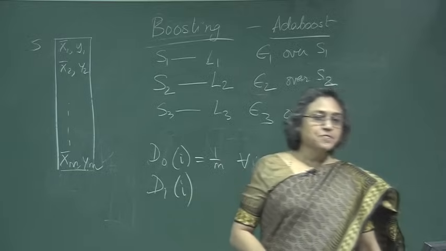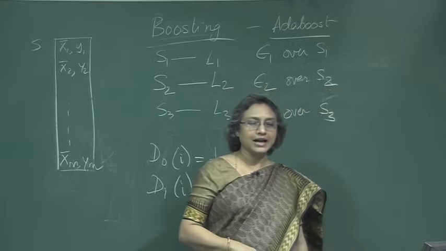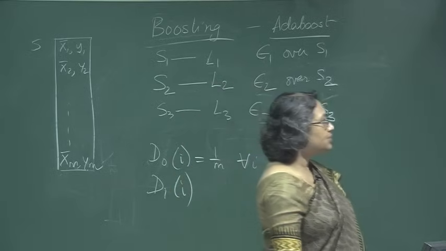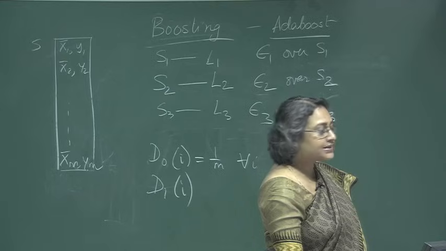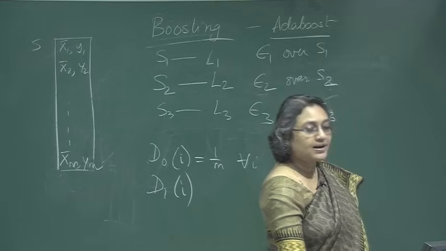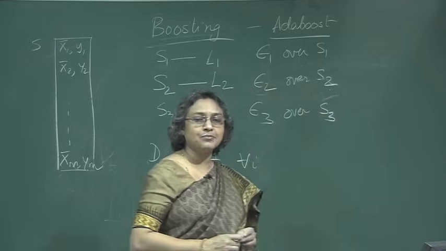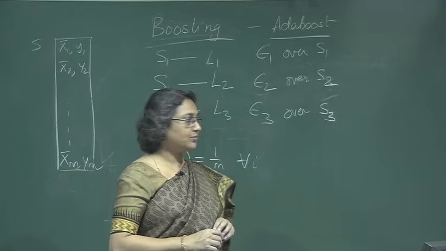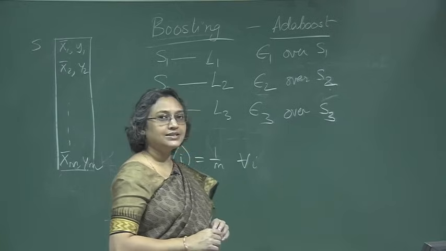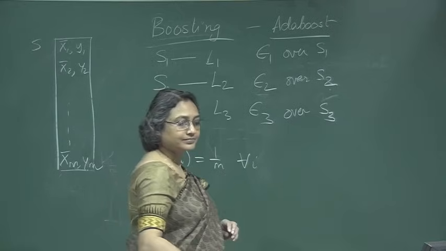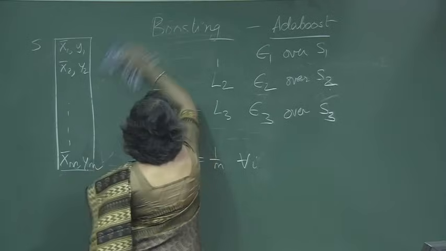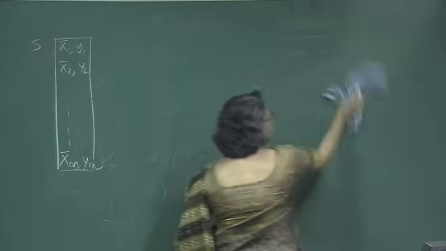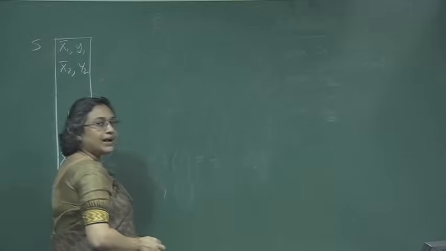Now, with this, let us look at the slide for the boosting algorithm. So, we are given S equal to x1 y1, x2 y2, up to xm ym, where x is the set of input attributes, y is the output attribute, and we initialize the distribution to 1 by m.